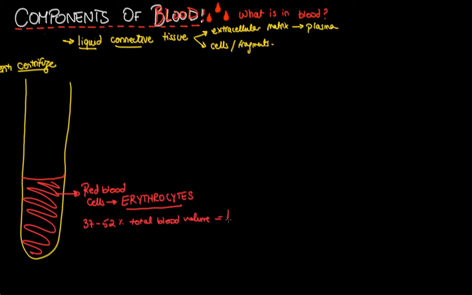And this is what we call hematocrit. There are slightly different constitutions in males versus females. So in females, on average, we would expect 37 to 48%, and males tend to have a little bit more, so it's going to range between 45 to 52%.